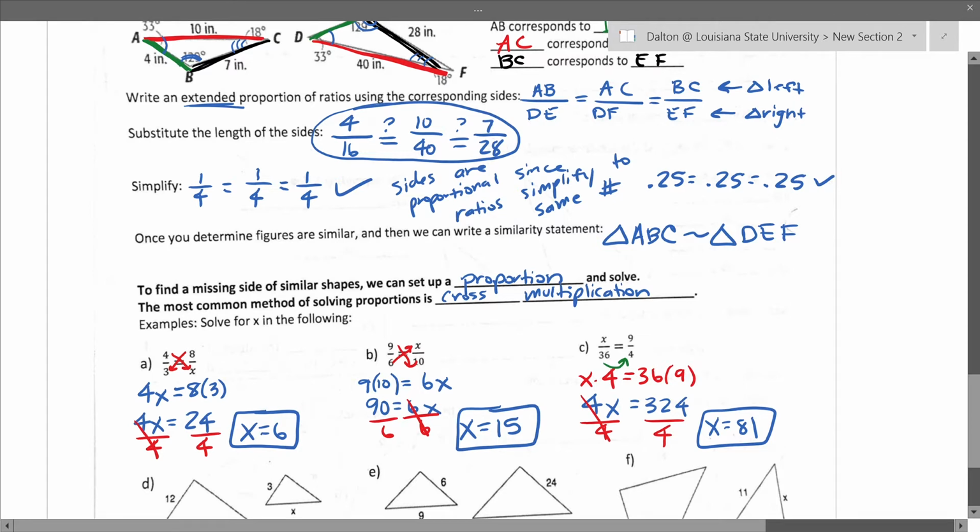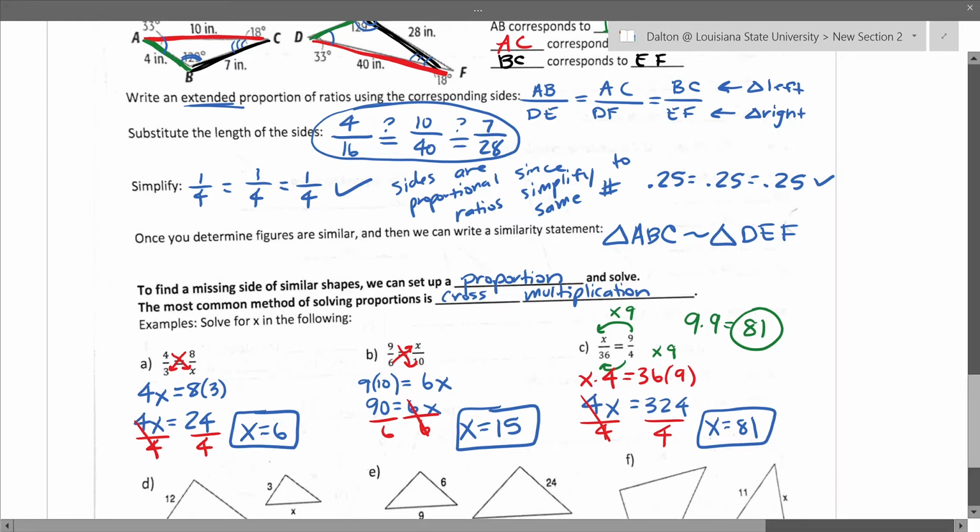And it doesn't matter the direction that you go. You might say, okay, to get from 4 to 36, all I need to do is multiply times 9. So then all I need to do to get from 9 to x is multiply times 9. And 9 times 9 is also 81. So that's another way of thinking about the problem when the numbers work out well like that.